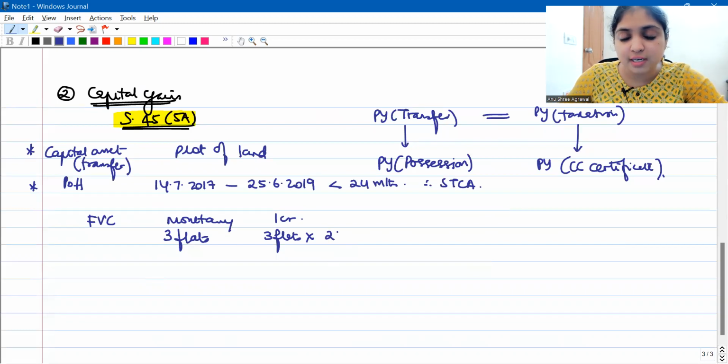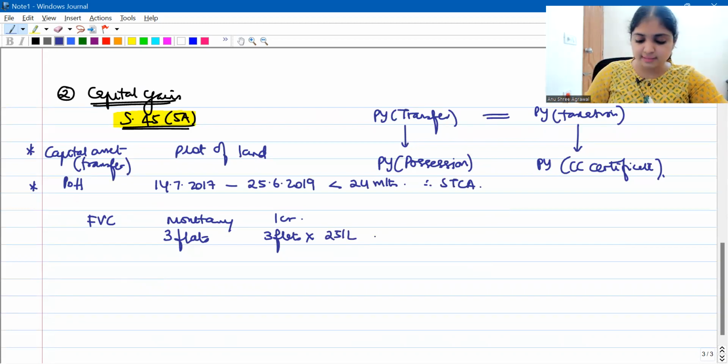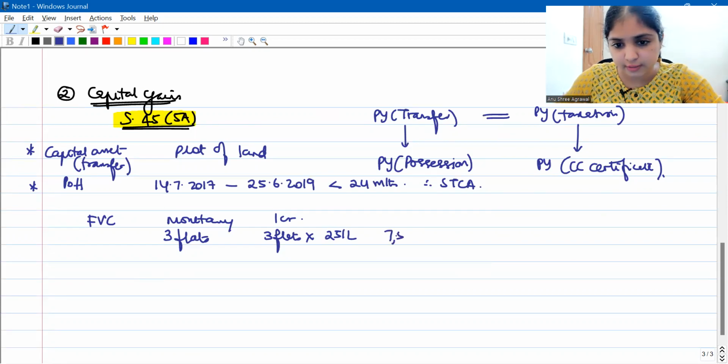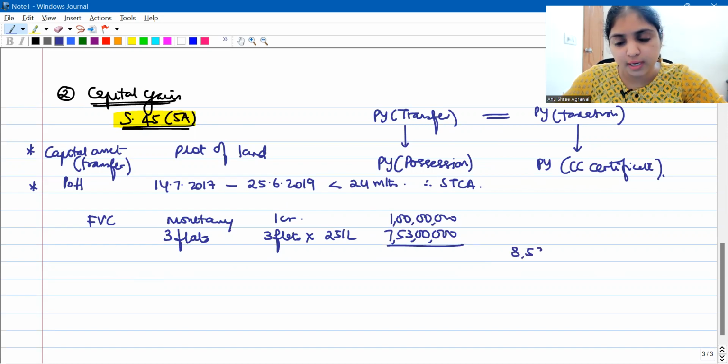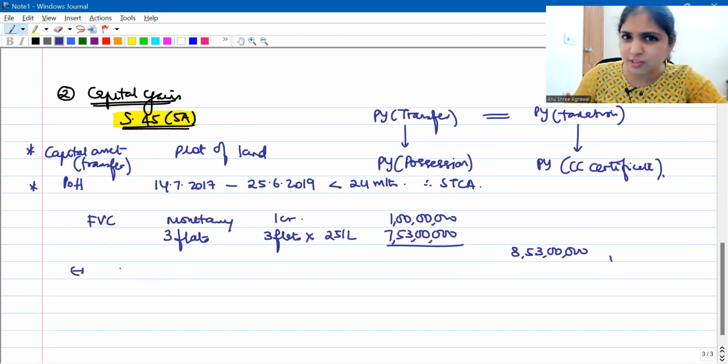So 3 flats into 2 crore 51 lakhs, that's going to be 7 crore 53 lakhs here and 1 crore of monetary consideration. So total full value consideration is going to be 8 crore 53 lakhs. Okay. From this, no expenses on transfer, straight away I'll go to cost of acquisition.